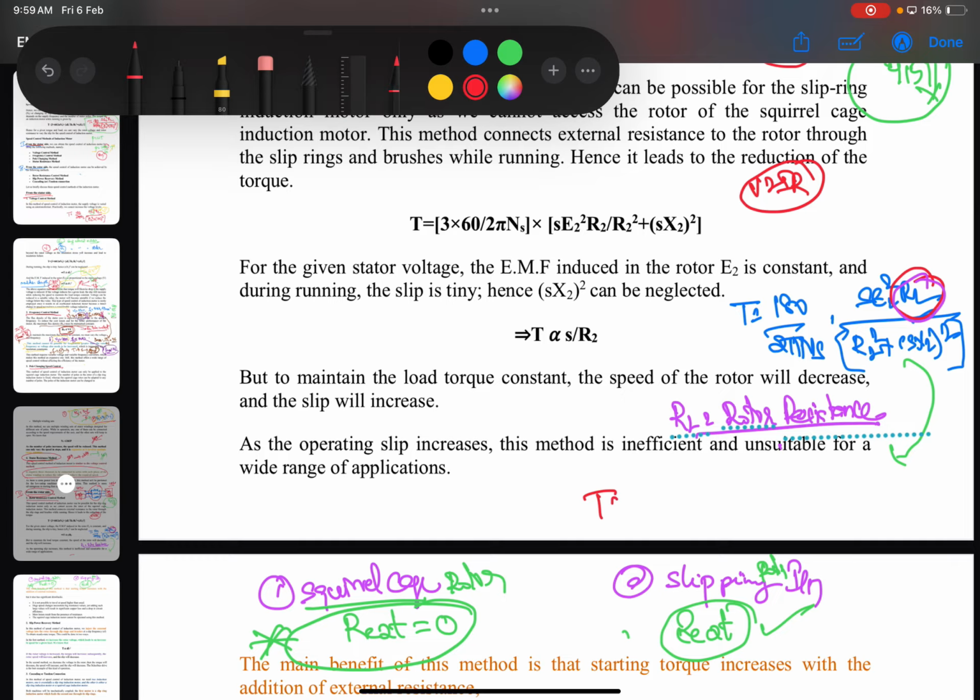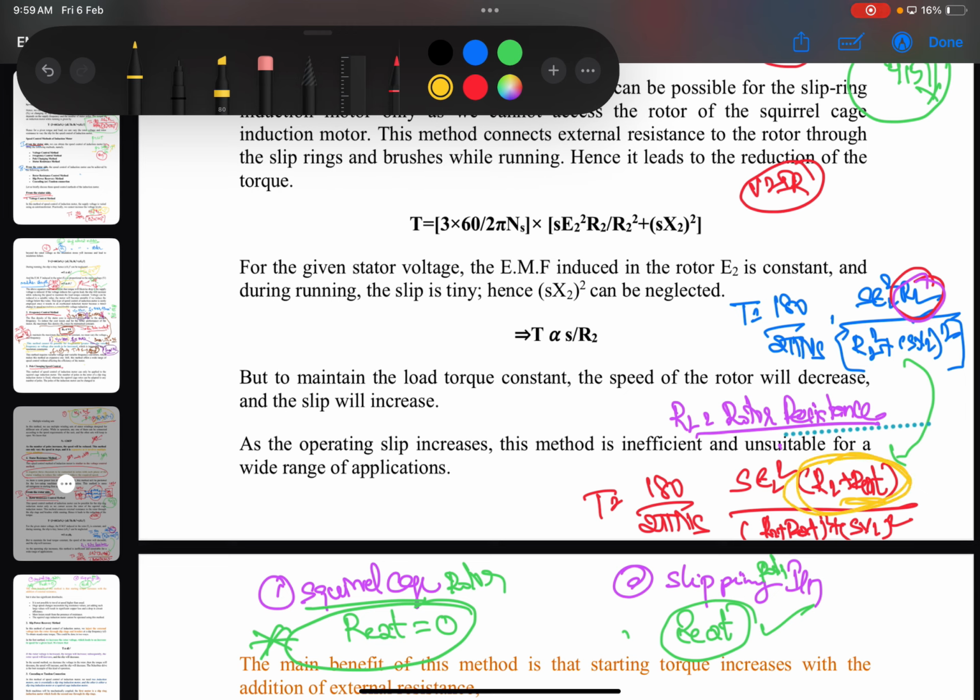New formula will be T equal to 180 by 2 pi ns S E2 square into R2 plus R external by R2 plus R external whole square plus SX2 whole square. Majorly what we need to consider here is R external; this term is more important for me. So torque is proportional to R2 plus R external.